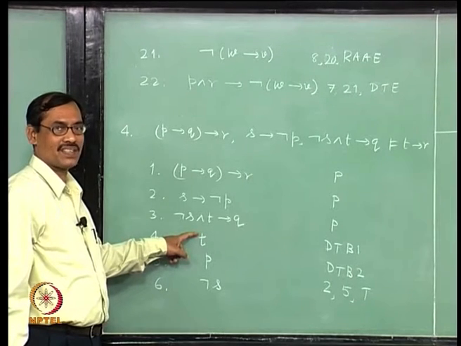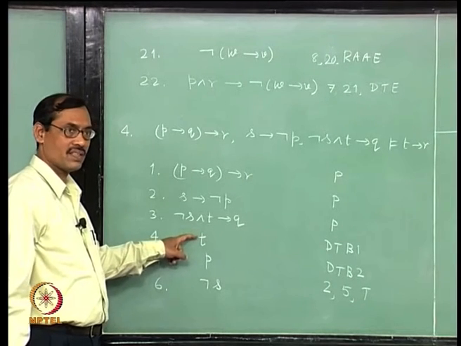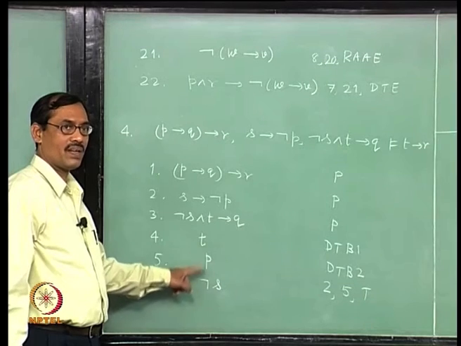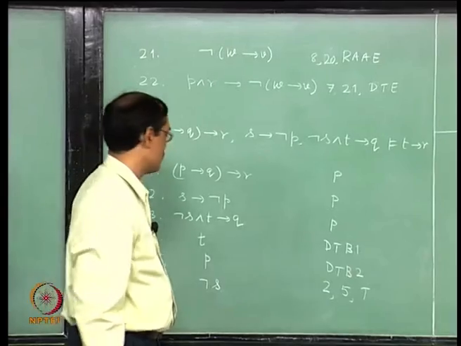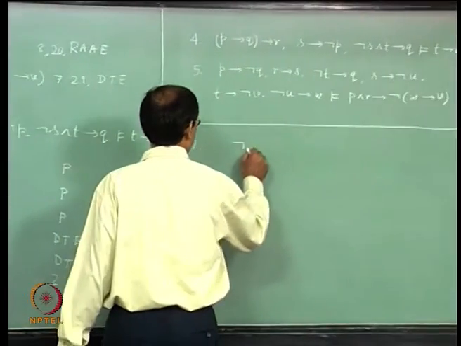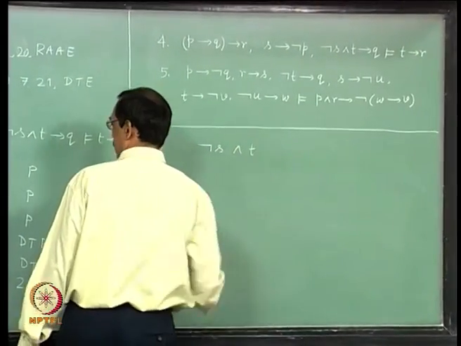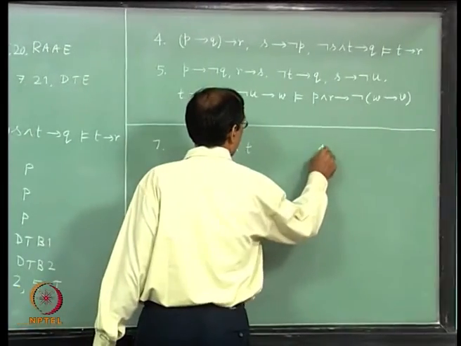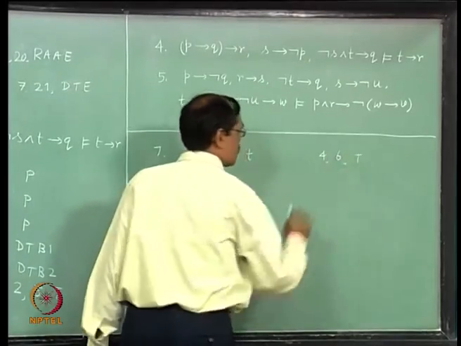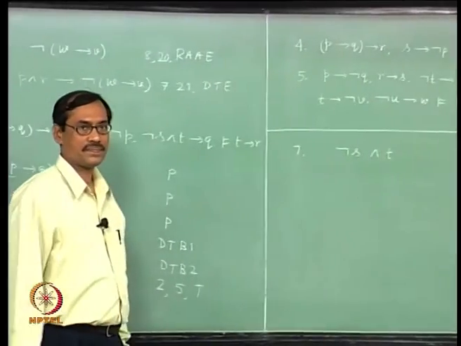So, that is again introduction. If you have a premise as X, premise as Y, then you can infer X and Y, okay. That is introduction of AND. So, we go for not S and T, and that is inferred from lines 4 and 6 by the law of introduction. So, we are free to use T now.